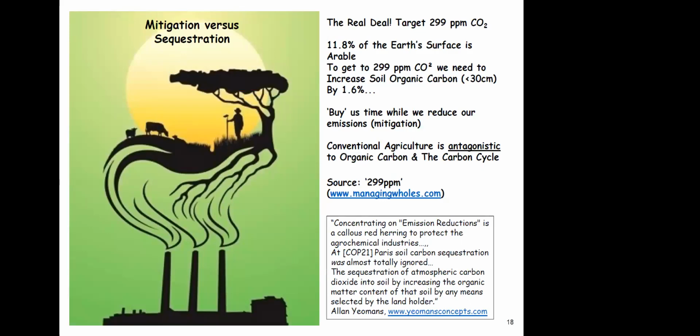So another slide that drums that in was by one of the descendants of P.A. Yeomans. And his estimate was that almost 12% of the Earth's surface is arable. And if we could get down to 300 parts per million of CO2, we only need to increase the soil organic carbon by 1.6%.